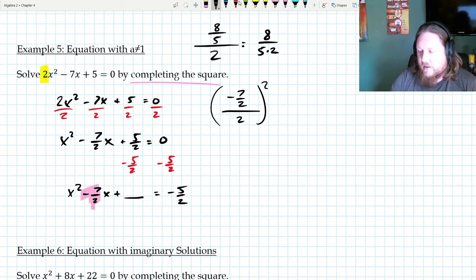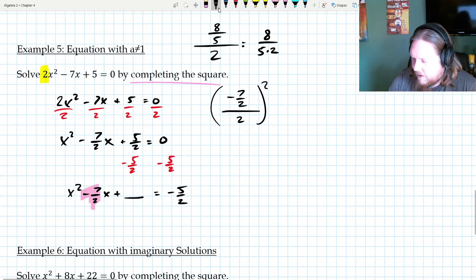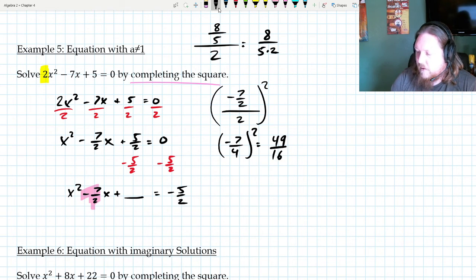So that's what I'm going to do here. The two 2's are going to get multiplied, and I got negative 7 over 4 squared, which is equal to 49/16. So now I know what I want for my c value, so I'm going to write it in, plus 49/16.